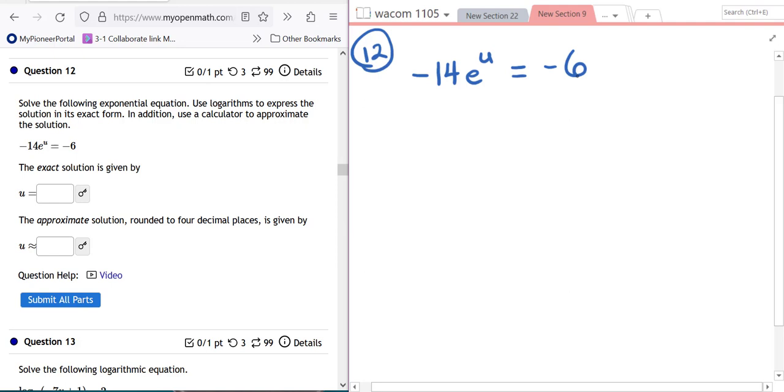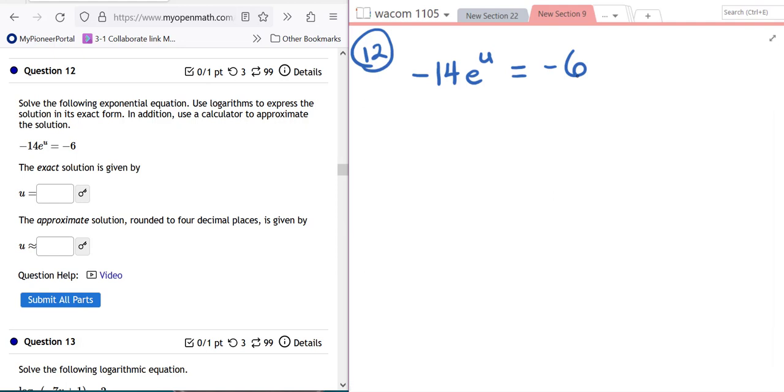And you can switch and use whichever log you want, natural log or common log, most of the time. If there is an e, you have to use natural log. If there is the 10 there for the base, you have to use common log. Otherwise, you can use whichever you want. But normally you will see them use natural log.